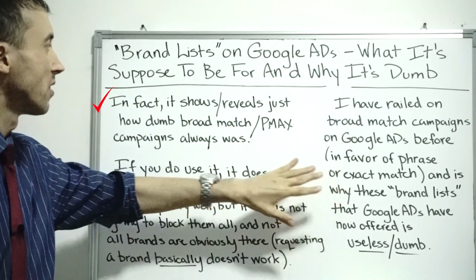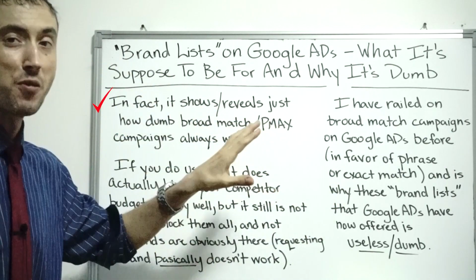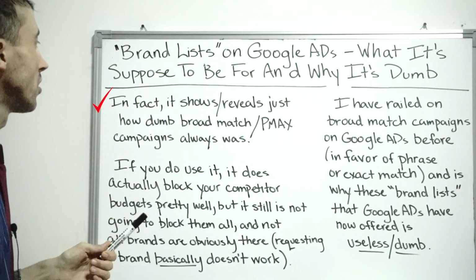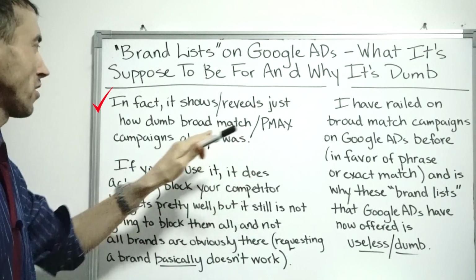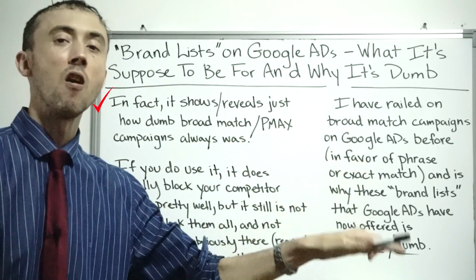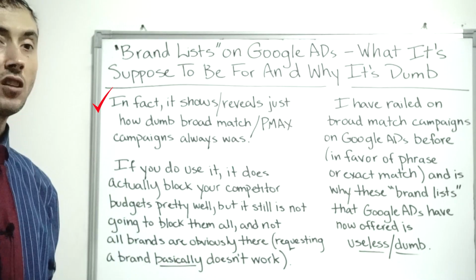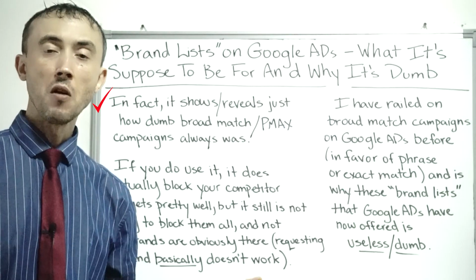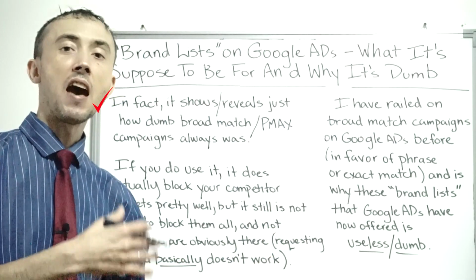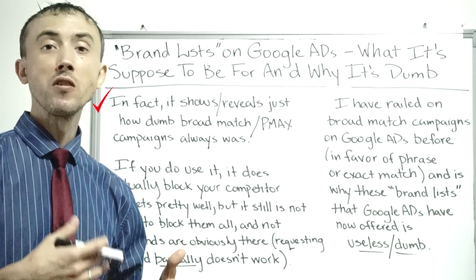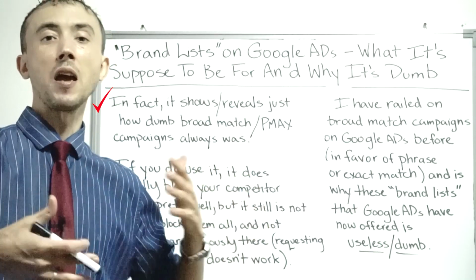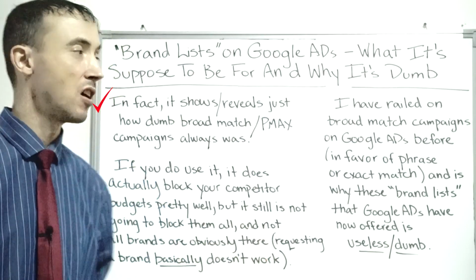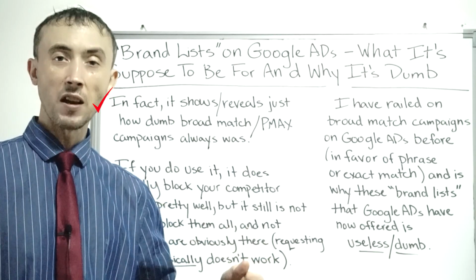The fact that Google has taken the time to make brand lists an individual feature shows how dumb broad match and PMAX campaigns are, given that you can't even add negative keywords to a regular search campaign while you're using broad match keywords and block all the damn brand searches. It's like playing a game of whack-a-mole that never ends, showing how dumb broad match keywords effectively are.